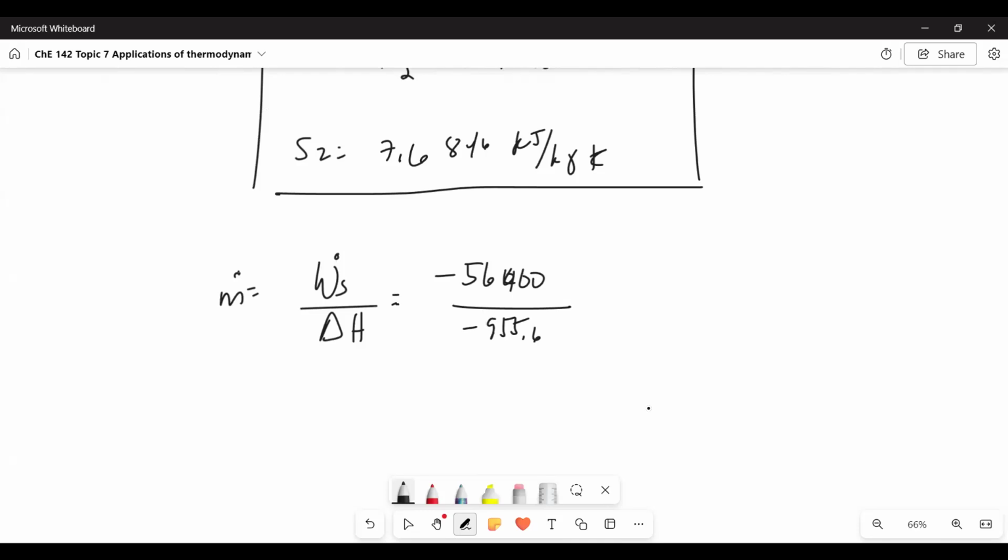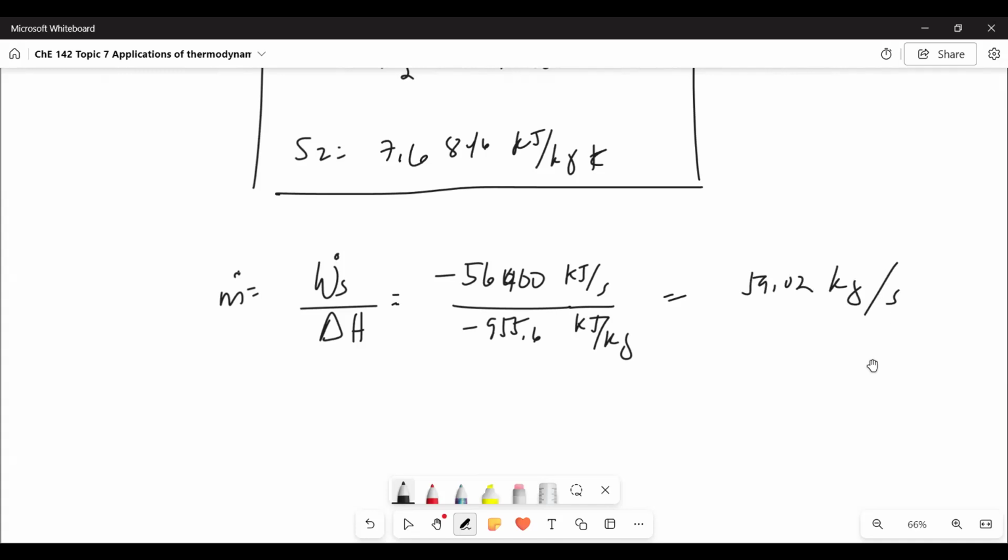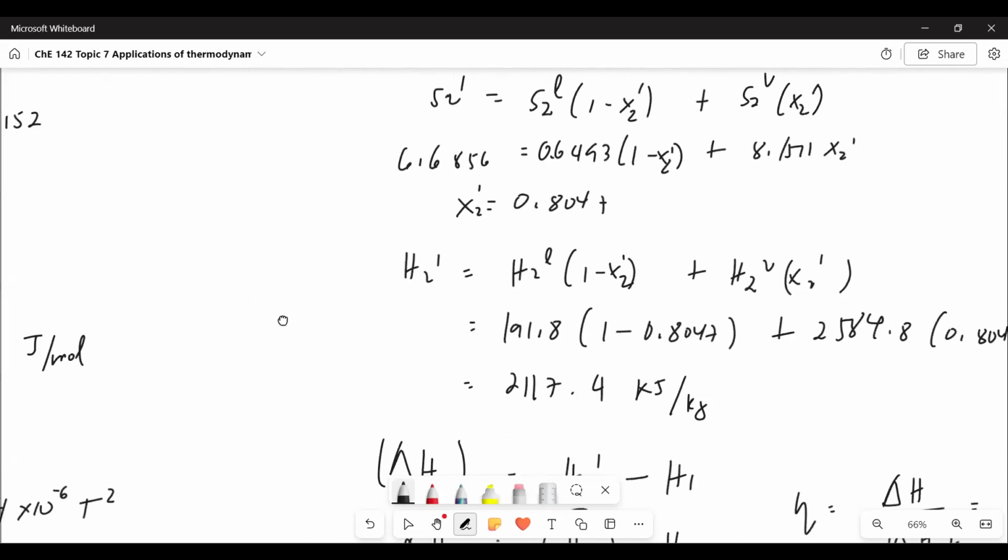So let me use the calculator. The value, mass flow rate. So this is kilojoules per second, and this is kilojoules per kilogram. You will get the mass flow rate. Okay, that is for letter A.